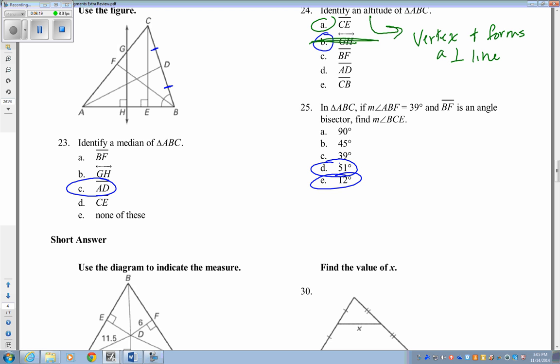All right, so guys, do y'all understand what this segment FB is? It's saying bisectors. Okay, so I know that this angle is 39, so 39 is over here as well. They want me to use this triangle. I'm just going to redraw it.